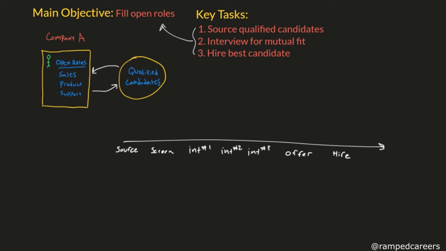So now let's go ahead and put the different people that are going to be involved in the interview process on the page. So we've got the candidate who is going to be involved throughout this entire interview process. We've got the recruiter.